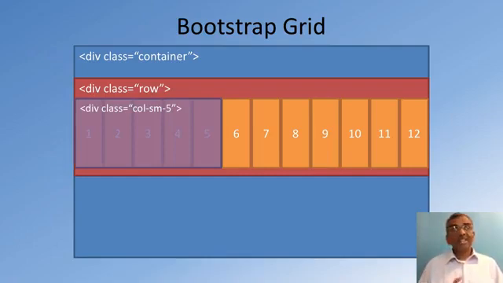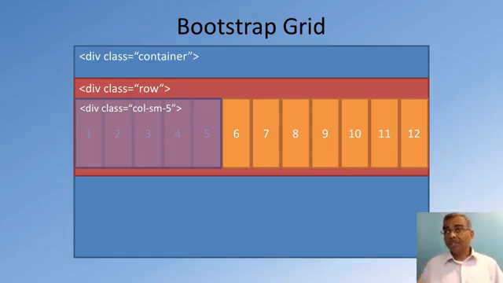So in that case, what we are specifying is that for small to extra large screen sizes, this piece of content will occupy 5 columns out of those 12 columns. Now you're going to immediately ask me, what about the extra small? If it is not explicitly specified for the extra small, it will occupy the entire width of the 12 columns.